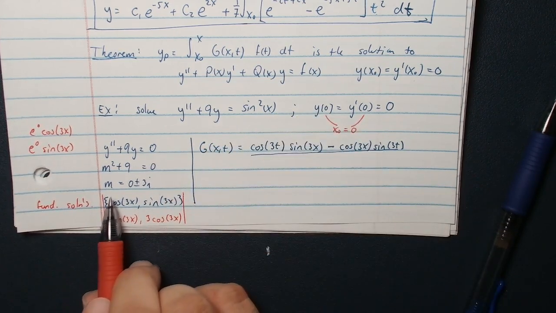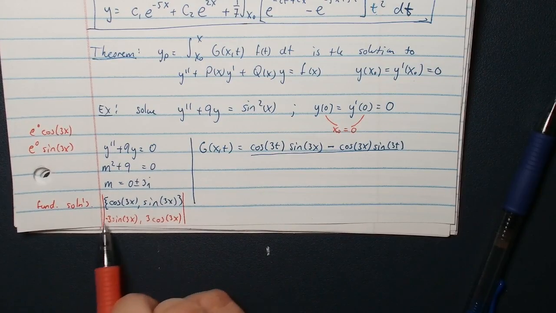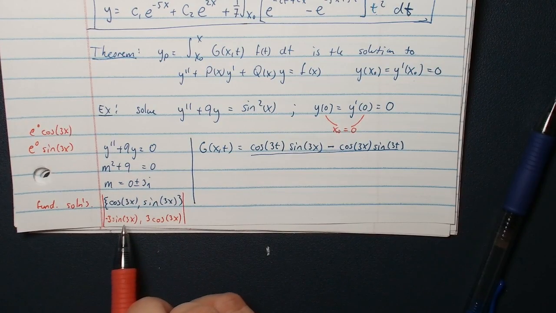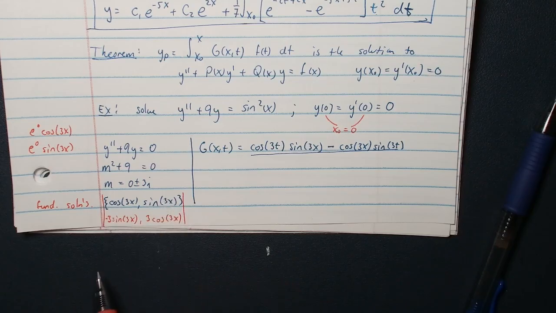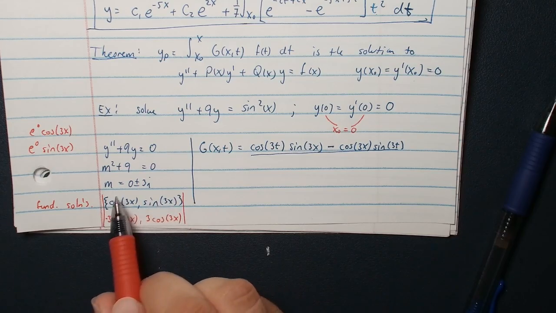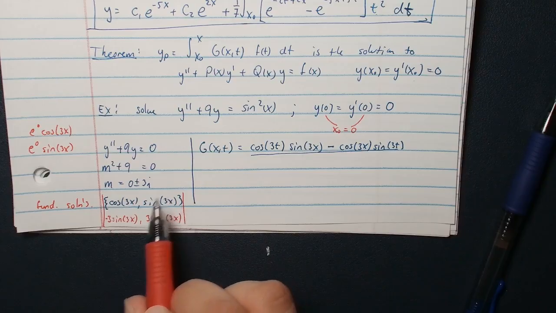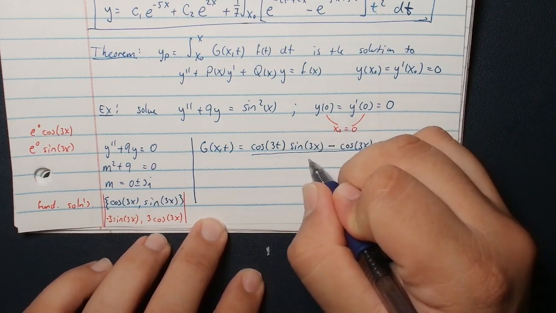So I would get 3 cosine of 3x times cosine, minus a negative, which is plus 3 sine of 3x times sine. That is 3 cosine squared plus 3 sine squared, which equals 3, doesn't it? So our Wronskian is 3.